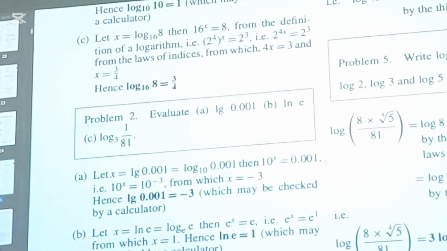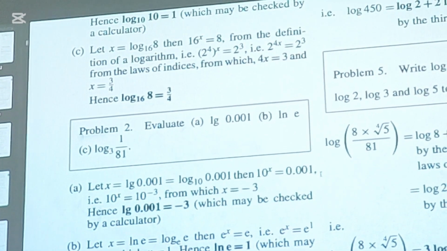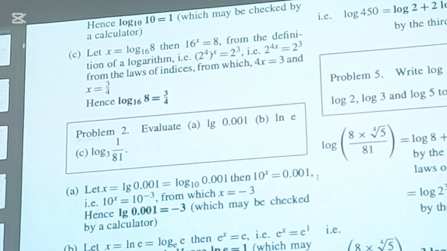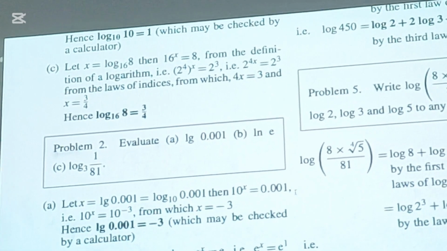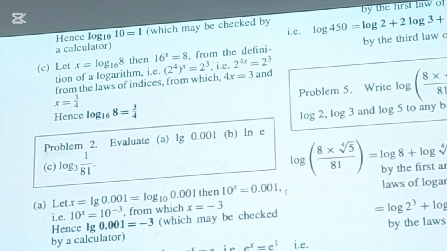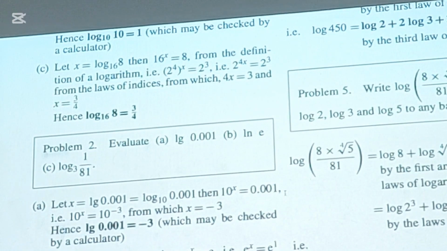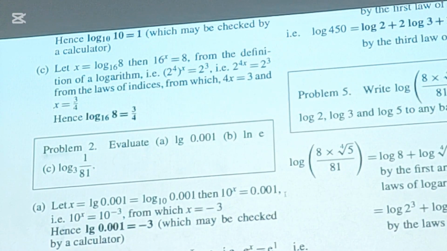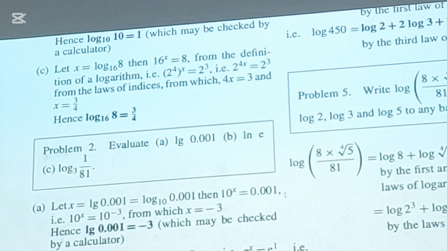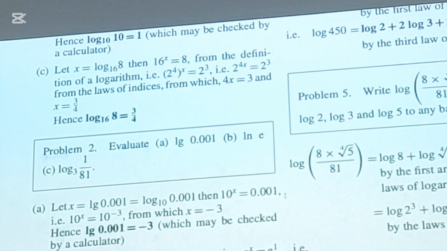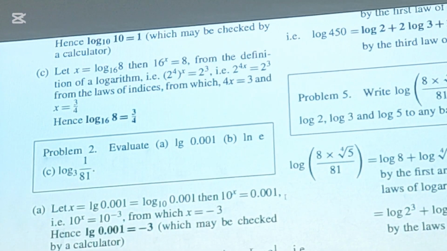For example, the second problem has 3 questions. A is log 0.001, B is ln e, and C is 3 log 1 per 81.